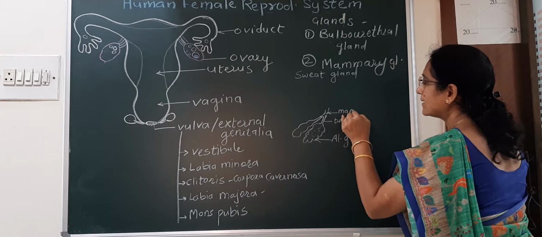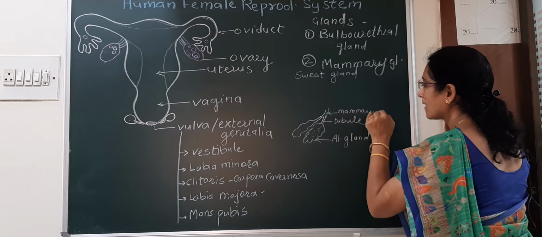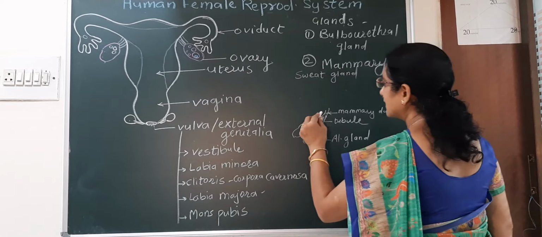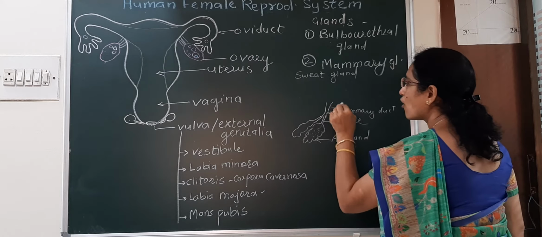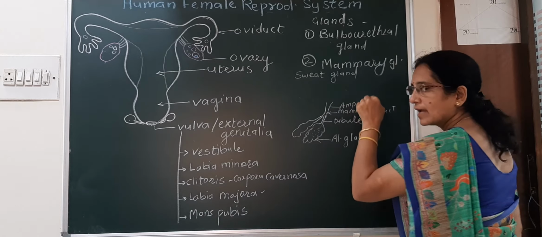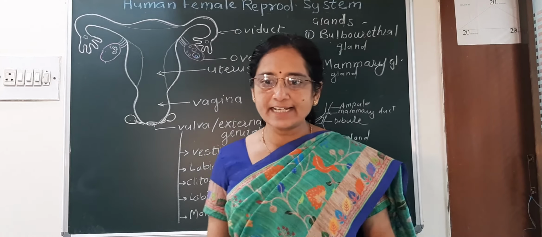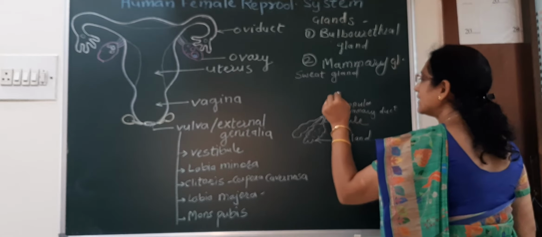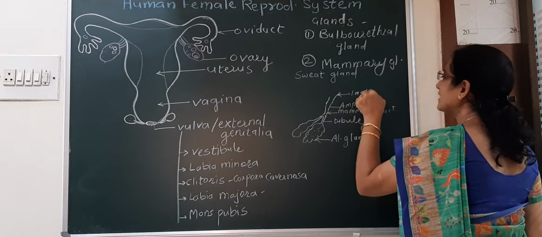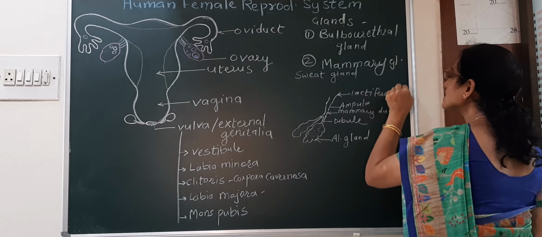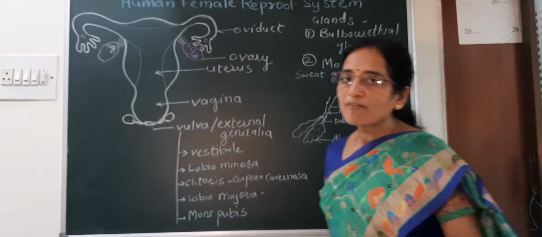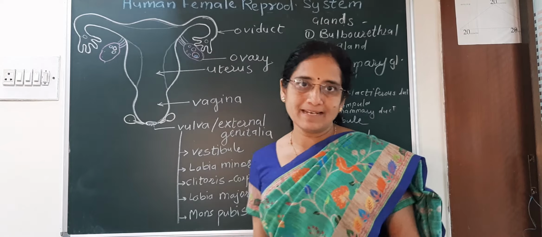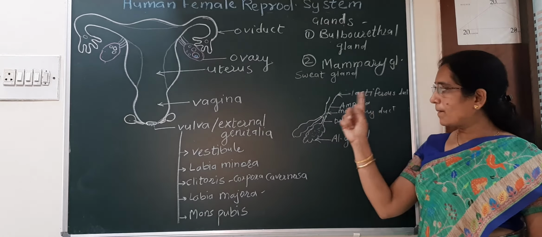The mammary duct continues further and forms a larger part called the ampulla. The ampulla at last enters the lactiferous duct, and the lactiferous duct opens outside at the tip of the mammary gland, called the nipple.